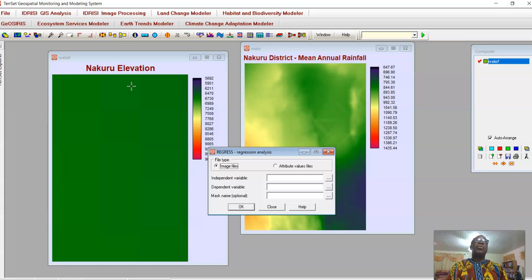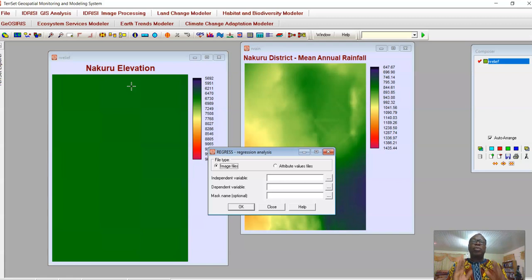In the case that you want to look at soil fertility, let's say you have the image of the soil fertility, and you want to look at the variables that contribute to the value of the fertility. You want to look at the rainfall, the temperature, the land use. How do they contribute to the fertility? So you can have multiple regression.